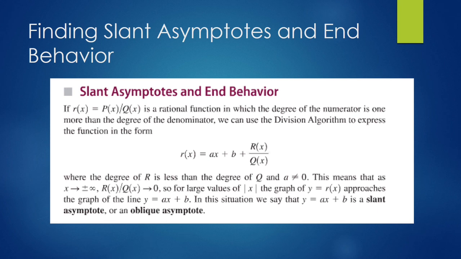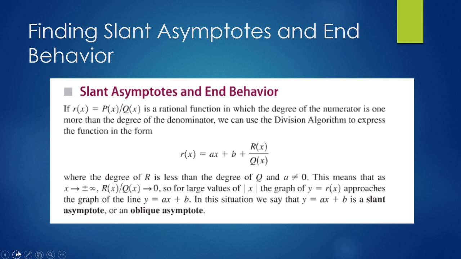So for large values of the absolute value of x, the graph of y equals r of x approaches the graph of the line y equals ax plus b. In this situation, we say that y equals ax plus b is a slant asymptote. Another name for that is oblique asymptote.